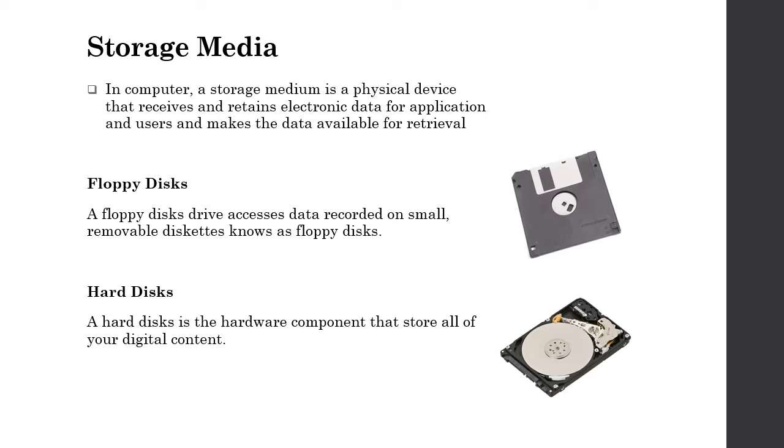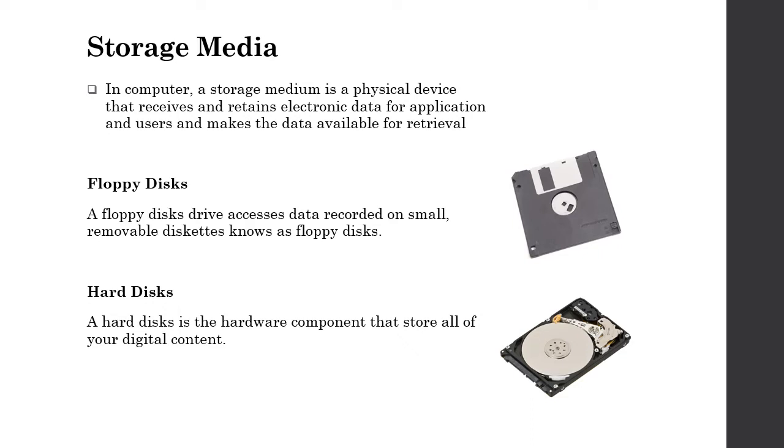So now we will see some of the storage media. First, the floppy disk. Here you can see a picture of a floppy disk. A floppy disk drive is a small disk drive used in a computer for data transfer, storage and backup of a small amount of data.